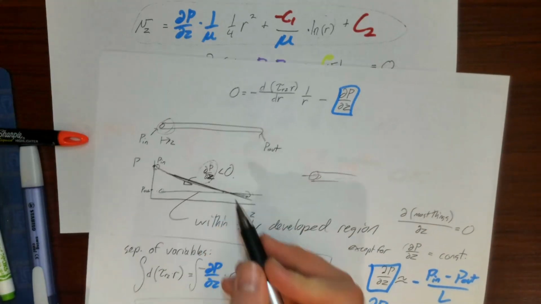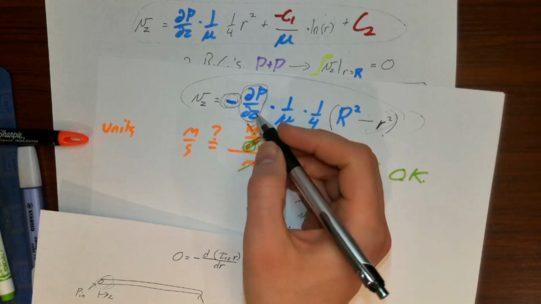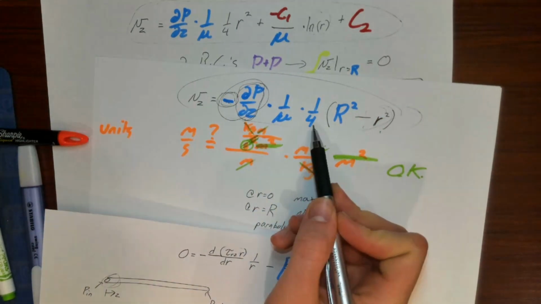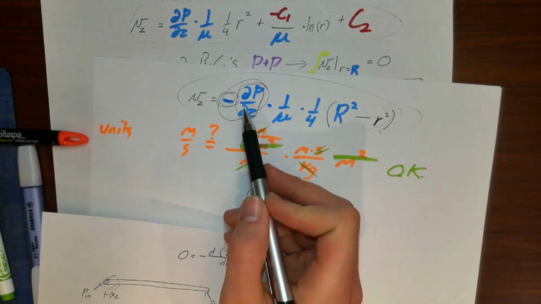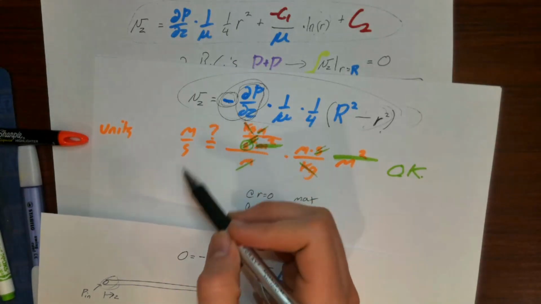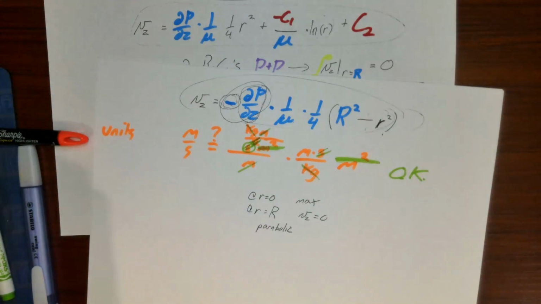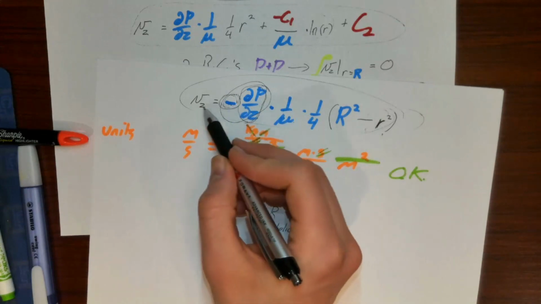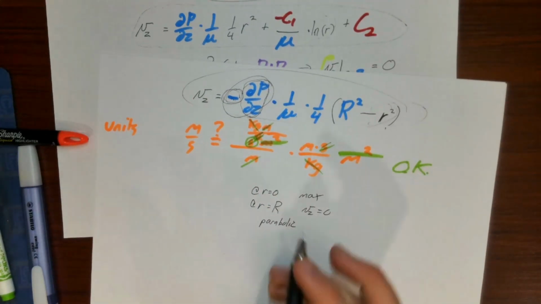So if I have a minus sign and a dP/dz less than 0, then this whole product together is positive, and I have a positive thing and then a positive thing right here. So when dP/dz is negative, I get a positive z velocity, because I'm dropping pressure as I go down the pipe to drive that flow. So although there's a minus sign out front here, dP/dz is usually negative, so we end up with a positive z velocity. So that makes sense too.